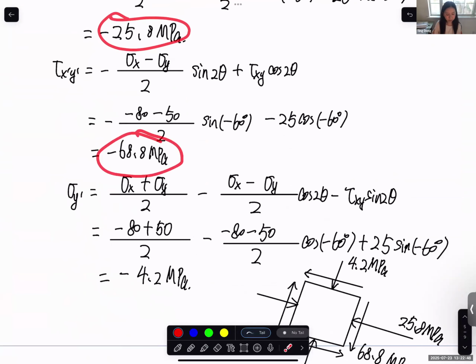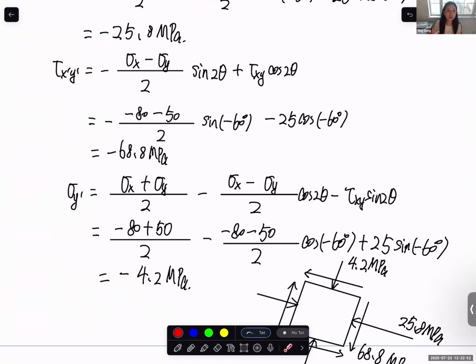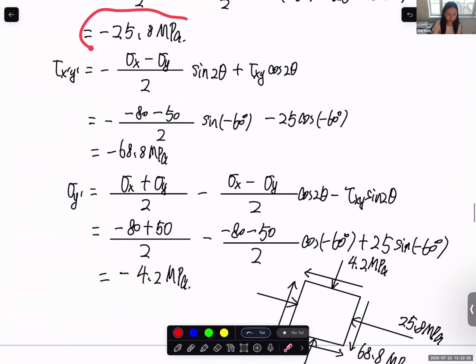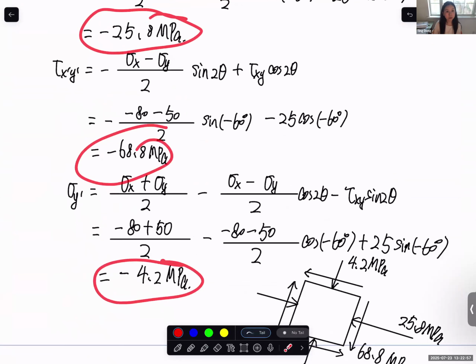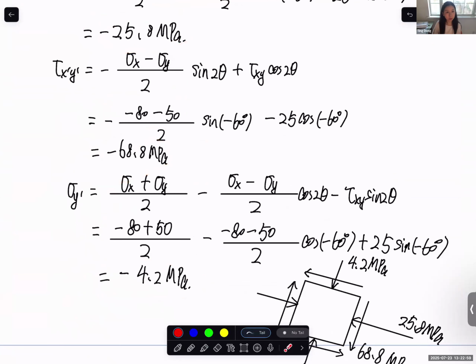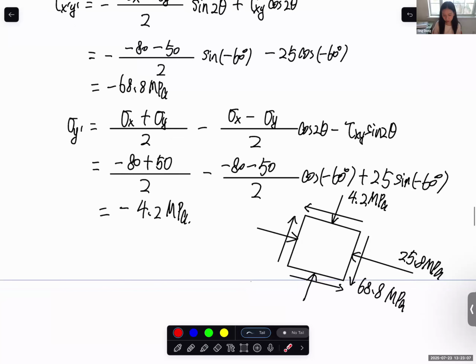As long as you calculate the correct number, everything is fine. When we say a negative sign for normal stress, we know it's compression. When we say a positive sign for normal stress, we know it's tension. There's no further explanation needed. And you don't need this one in your homework or exam. I just drew this here to help you understand what it means after rotation of 30 degrees.